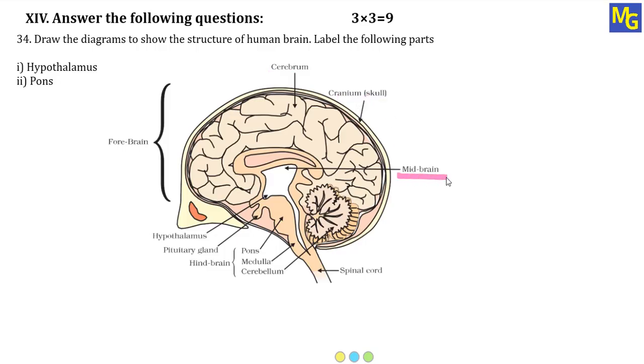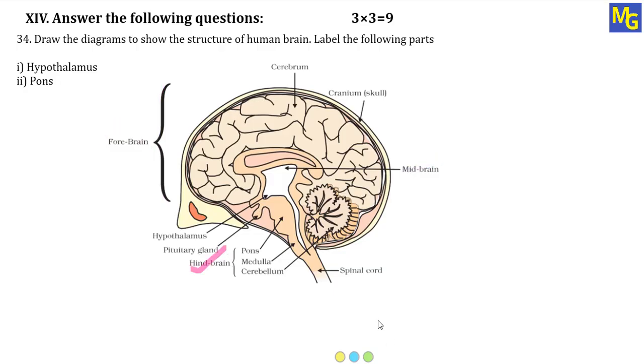This is the midbrain, and spinal cord, pons, medulla and cerebellum are all included in the hindbrain. Then there is hypothalamus and pituitary gland. And this side is the forebrain. So the brain is divided into 3 parts: forebrain, midbrain and hindbrain.